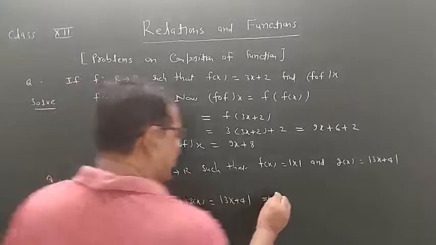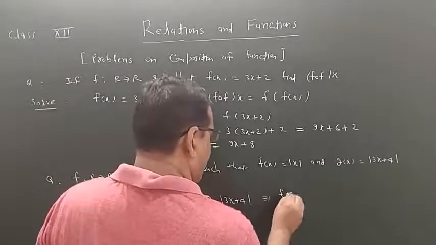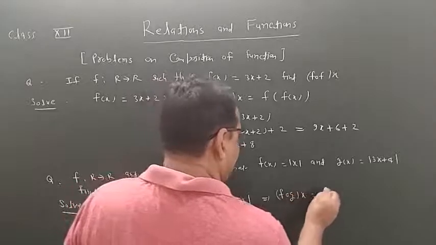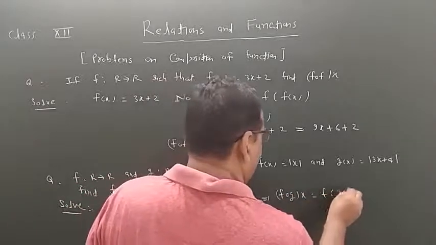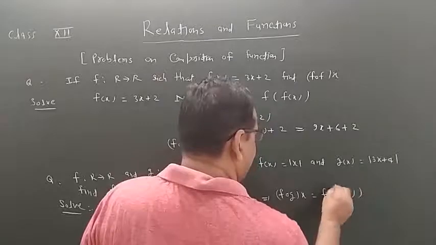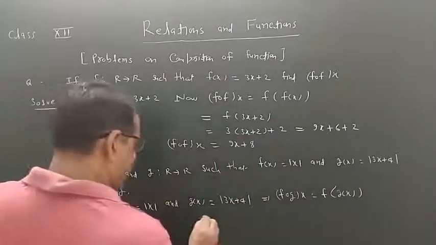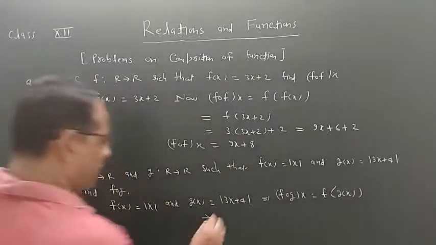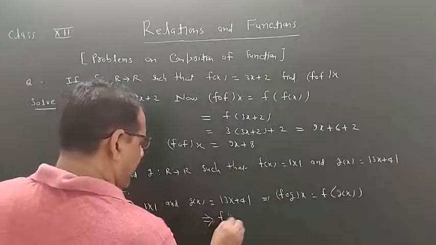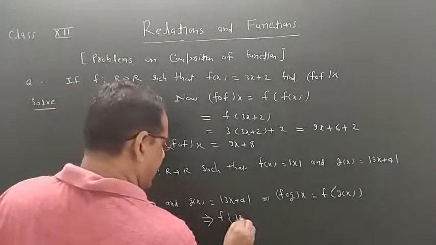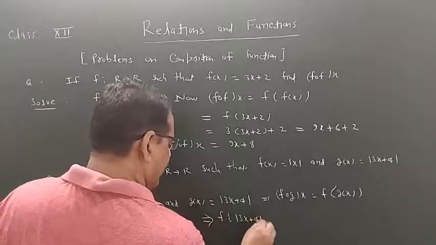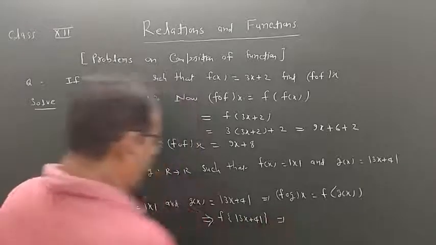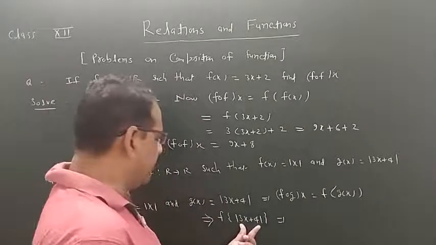This implies fog(x) equals f of g(x), which is f of mod of 3x plus 4. Now this mod of 3x plus 4 works as x.